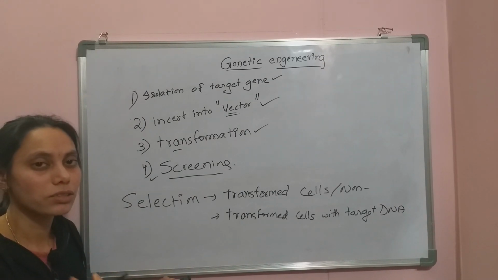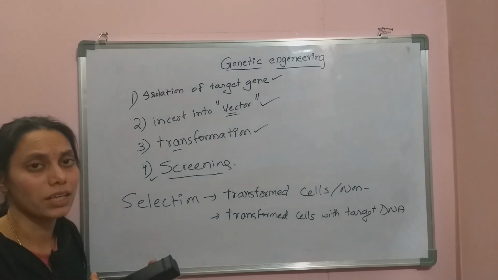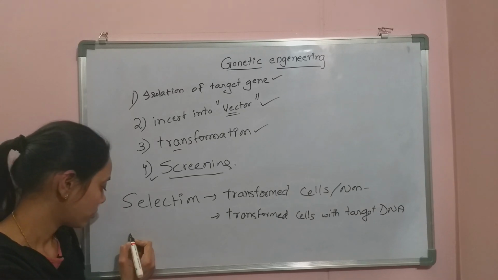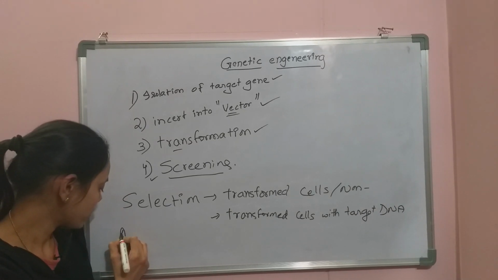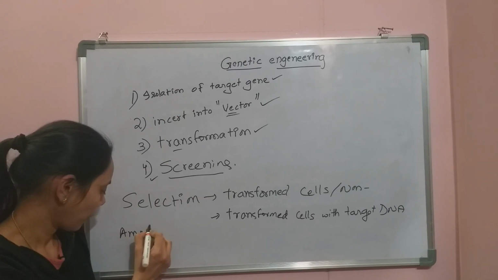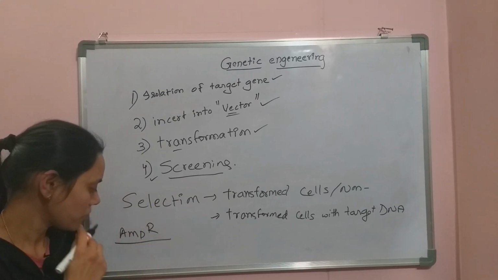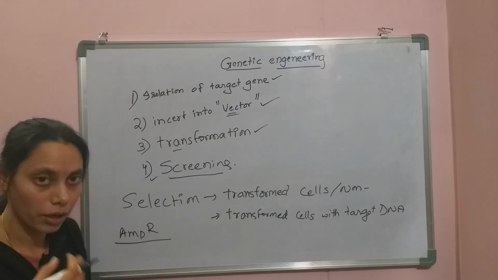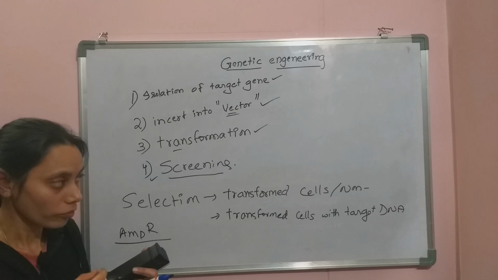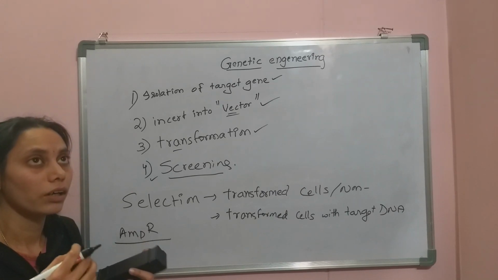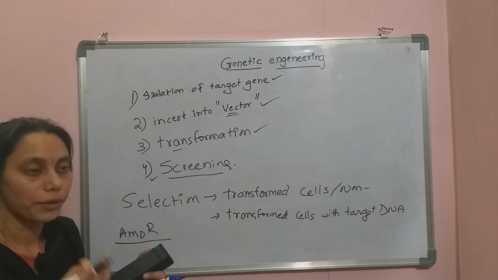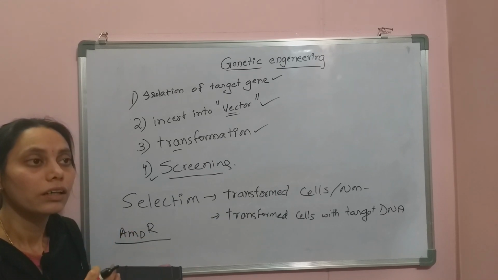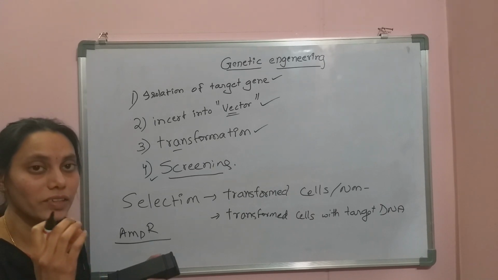These selectable markers are in many cases antibiotic resistance genes. Let it be an ampicillin resistance gene, which gives resistance towards the ampicillin antibiotic. If a bacterium has this resistance gene, that means the vector is in it.